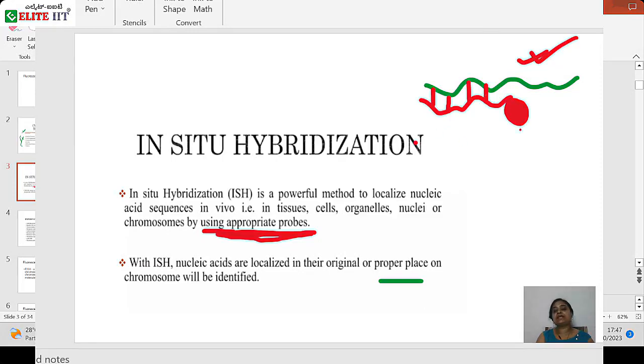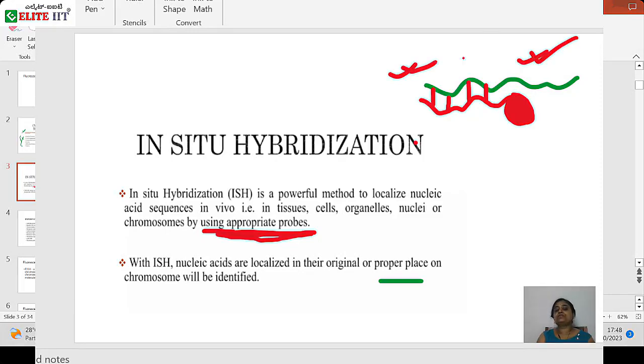In the same way, they can also prepare a probe, single stranded RNA or DNA, attached to a fluorescent compound. So if you visualize this fluorescent compound, that means you have localized the gene of interest or DNA of interest.